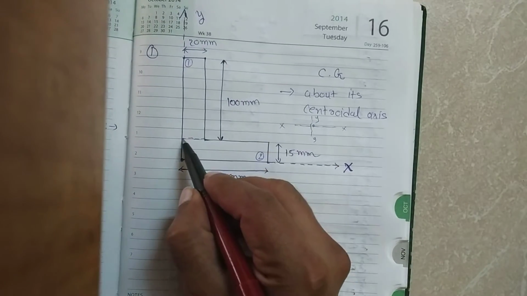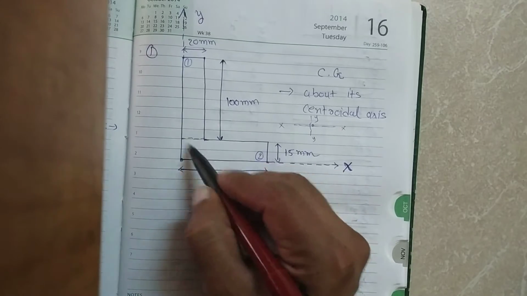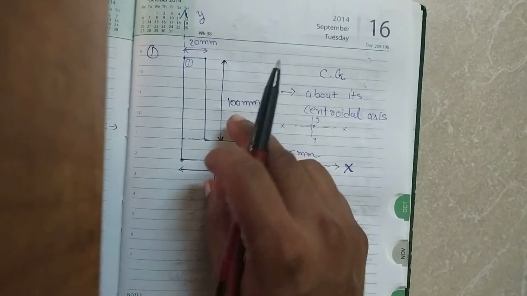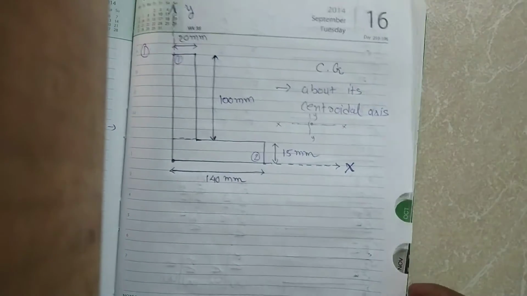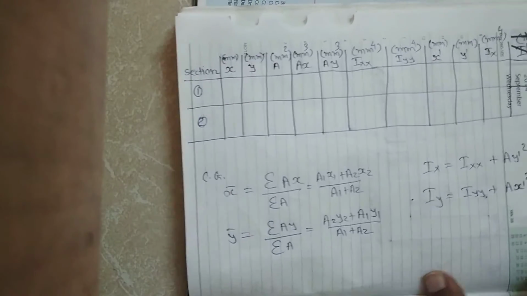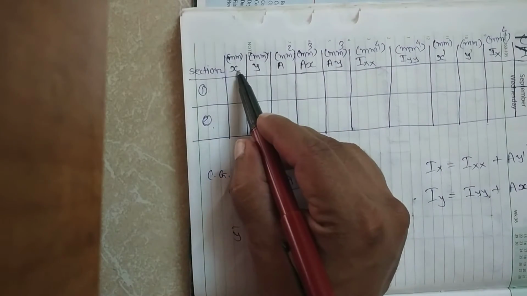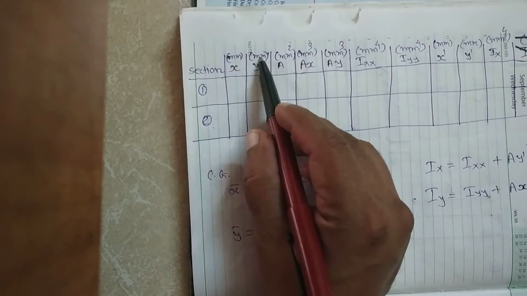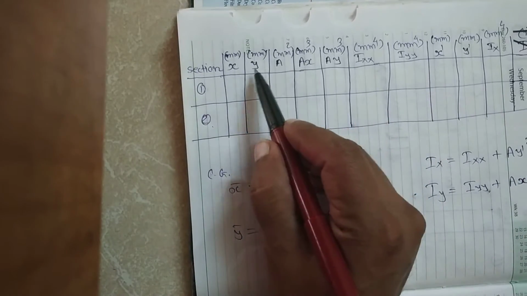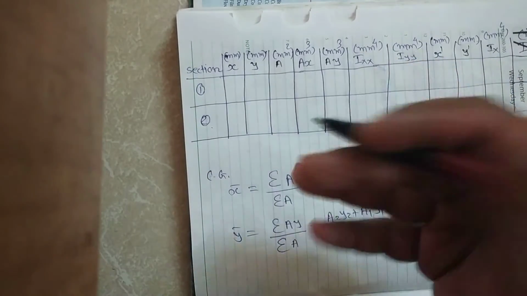So I am drawing imaginary sections here, a marker line just for reference. You don't have to make a mark line. Section 1 and section 2 are both rectangles now, all right. So your job is to calculate the moment of inertia of sections 1 and 2. Here are the coordinates x and y in mm for section 1 and section 2. So you have to draw this table first to calculate the moment of inertia of any section.